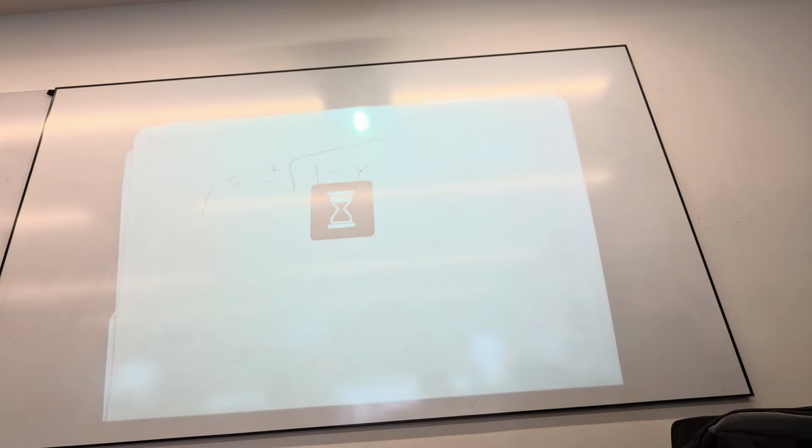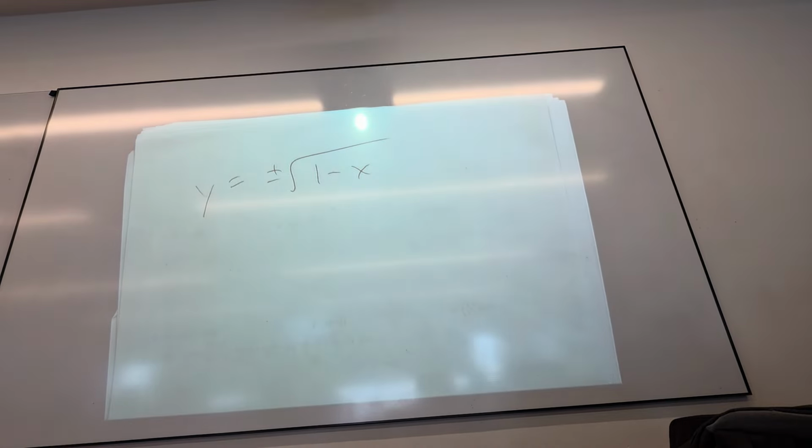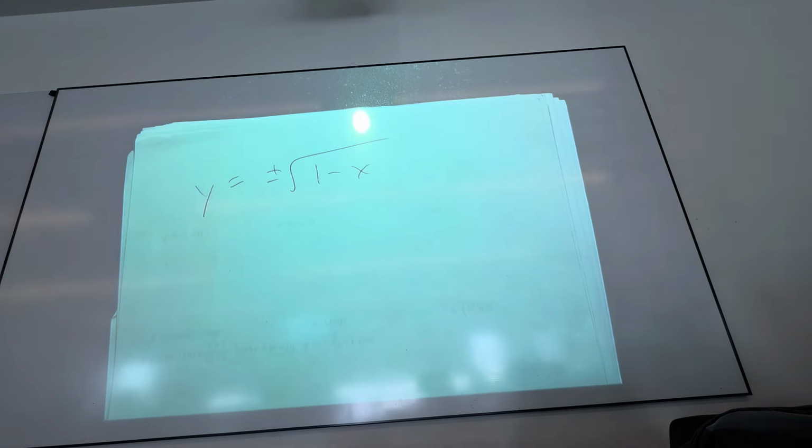If I have this equation, why do I not even need to graph it? I'm trying to speak slow so this thing can catch up. Can anyone tell me, does this represent a function or not?